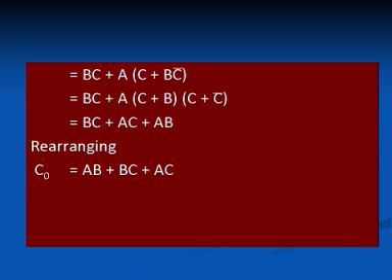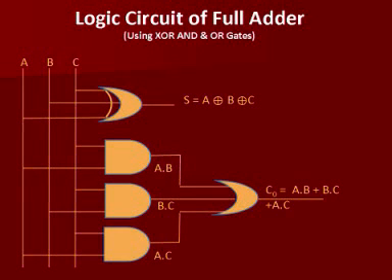Now let us construct the logic circuit of a full adder based on these Boolean expressions in the following manner. First, connect the two bits A, B and the third bit C, the carry due to a previous arithmetic operation, to the inputs of a 3-input XOR gate.